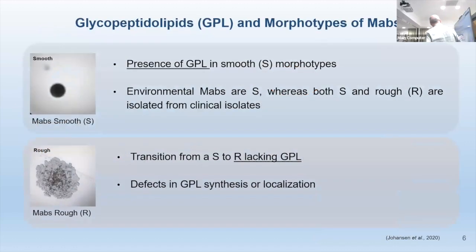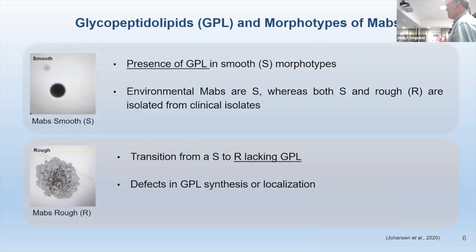When I talk about rough and smooth, you can appreciate these are just simple colonies from a plate, rough and smooth. It is believed that only the smooth form can be transmitted from patient to patient, and that the rough form is not transmitted.